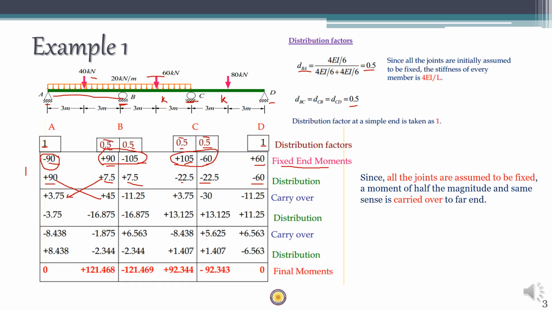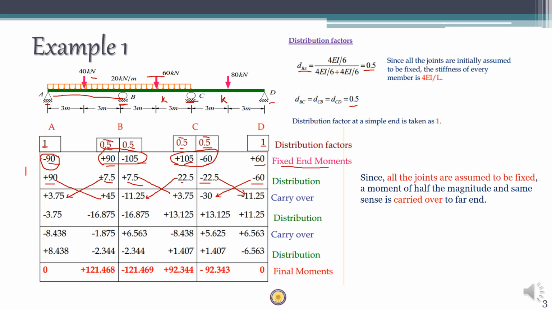So plus 7.5, half of this will go here, and minus 22.5, half of this will go here. Similarly minus 60, half of this will go here, and minus 22.5, half of that will go here.